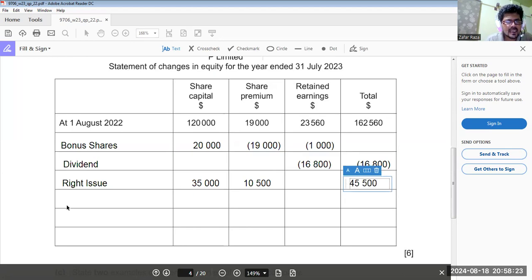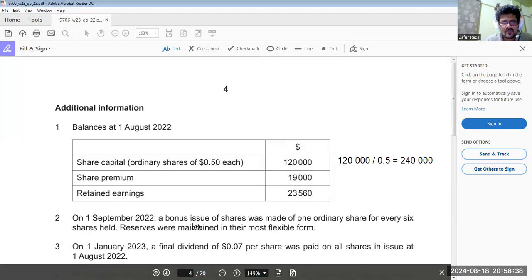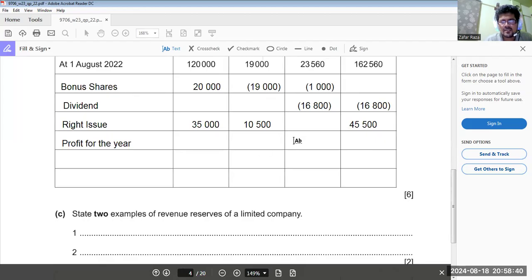The last thing we have to add over here is profit for the year, which we have calculated as 40,260. That could be added into retained earning.